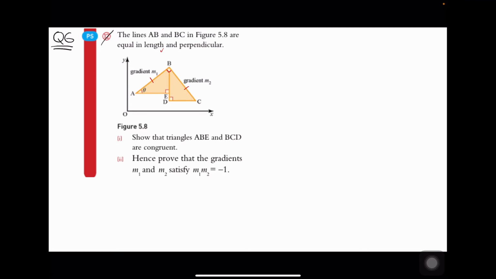So we know, okay, given that these two sides are the same, I know that this angle here is 90 take away theta.